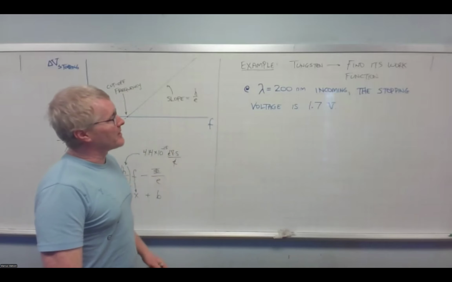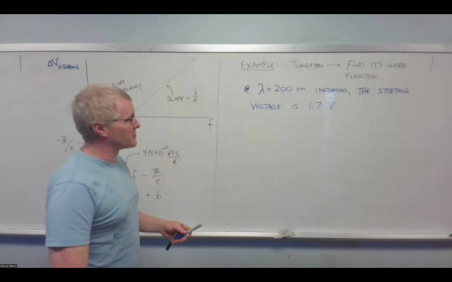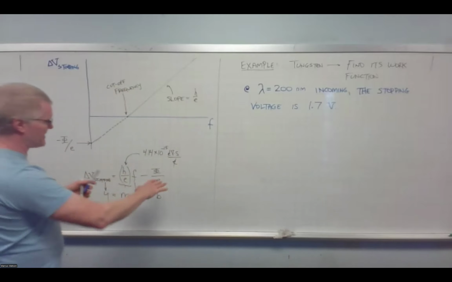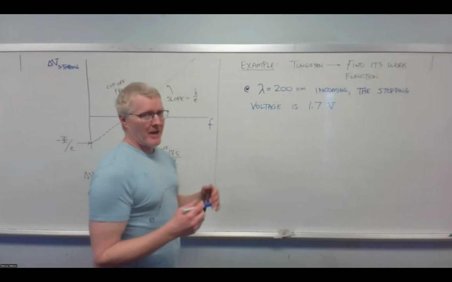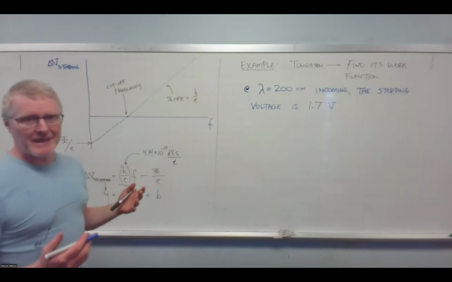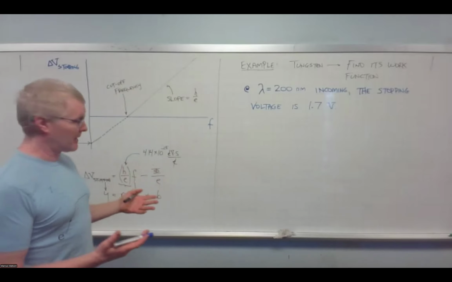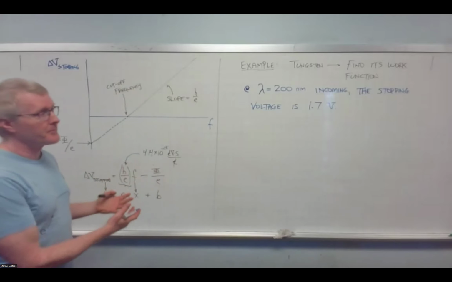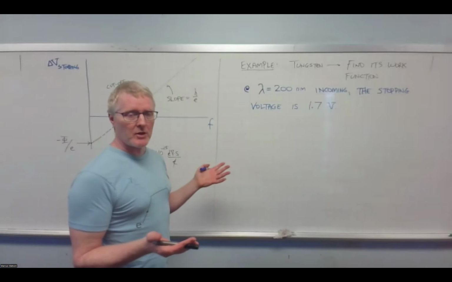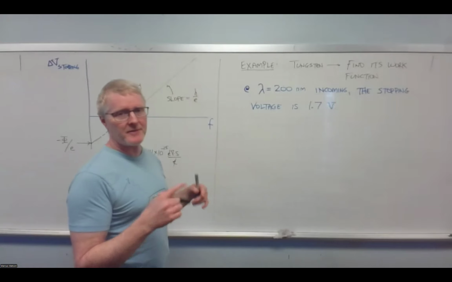I have 200 nanometers incoming and the stopping voltage is 1.7 volts. So with this type of thinking here, you have a couple of different ways of doing things. So if you want to just mechanically grind through it, it certainly is possible to do that. I'm going to show you a little trick here, which is kind of an intermediate step.